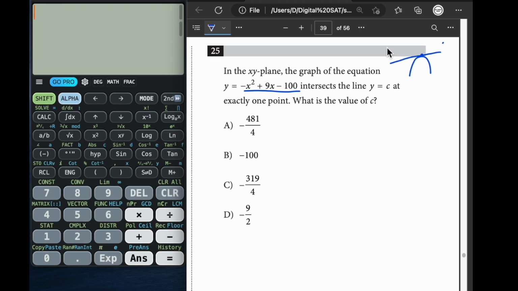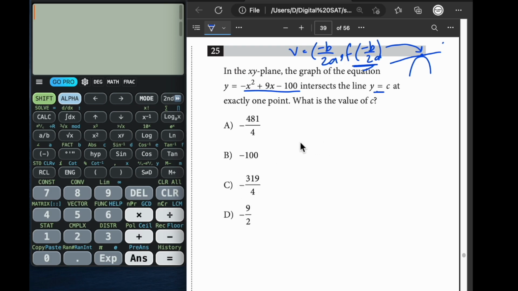Now we want to find the coordinates of the vertex. How can we find them? As you know, the vertex is at negative b over 2a, and f of negative b over 2a. We want to find the value of y, so we want to find f of negative b over 2a.